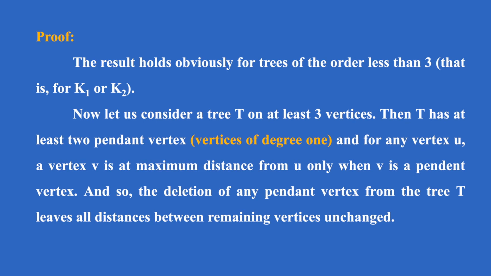Then, T has at least 2 pendant vertices of degree 1, and for any vertex u, a vertex v is at maximum distance from u only when v is a pendant vertex. And so, deletion of any pendant vertex from the tree leaves all distances between remaining vertices unchanged.